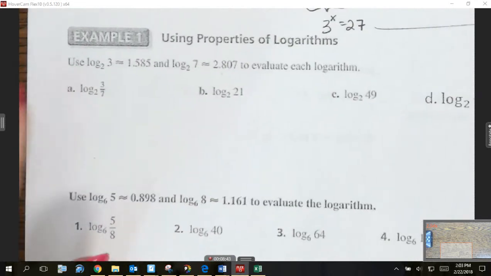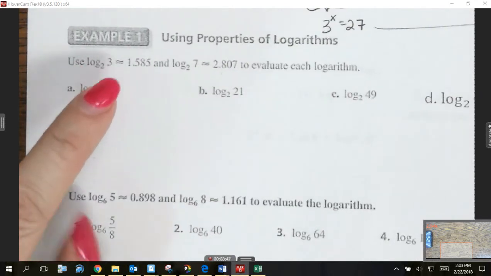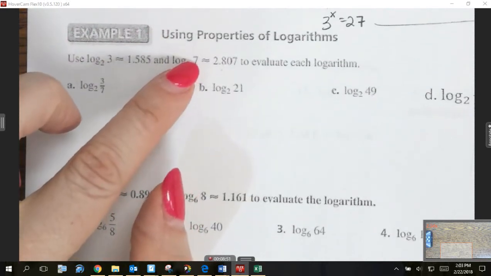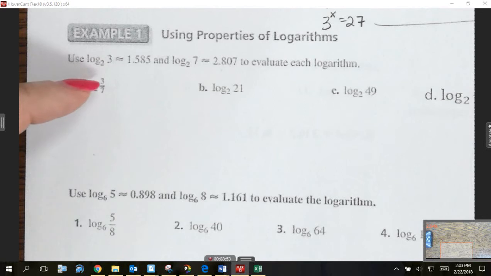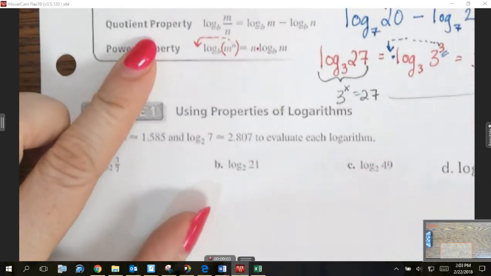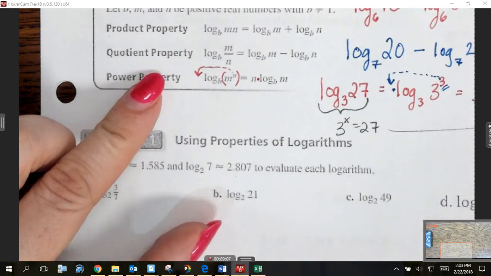3 over 7 is division. And up here we have a 3, and we have a 7. What property allows me to take division and separate out that 3 and that 7? The quotient property.